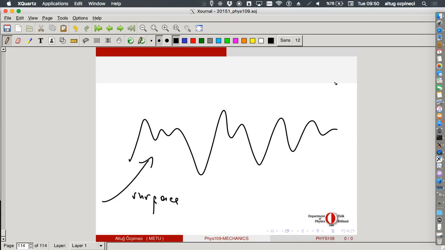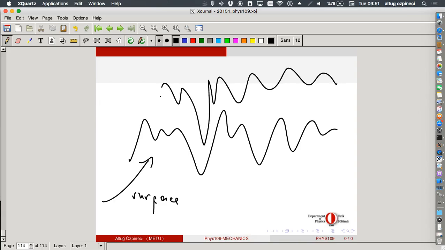And if you put on top of it another surface, it will look more or less like this. So this is the other surface. They will just go into each other, like here.